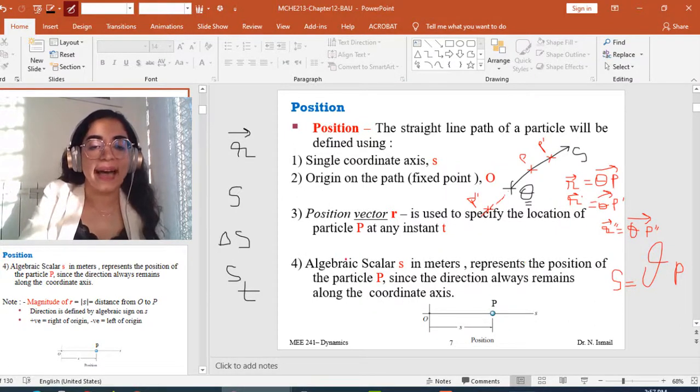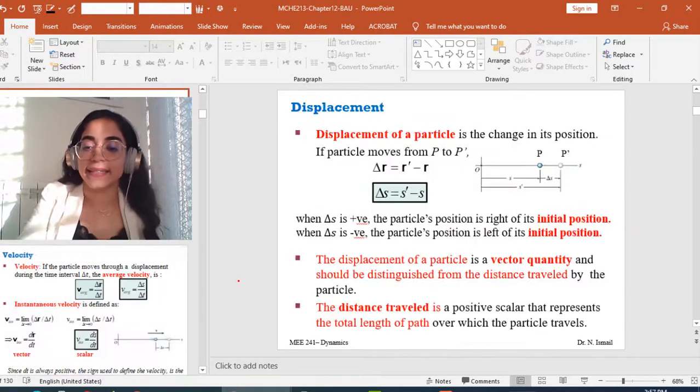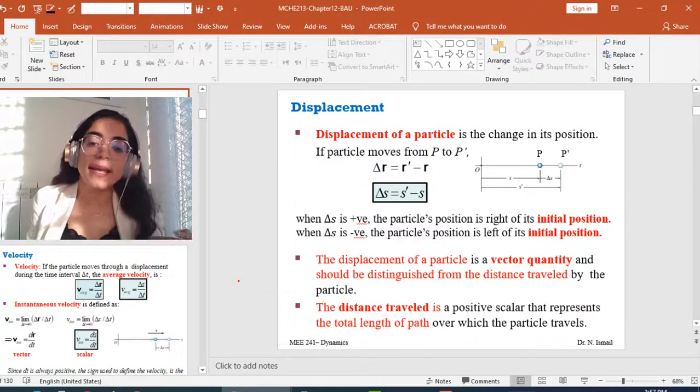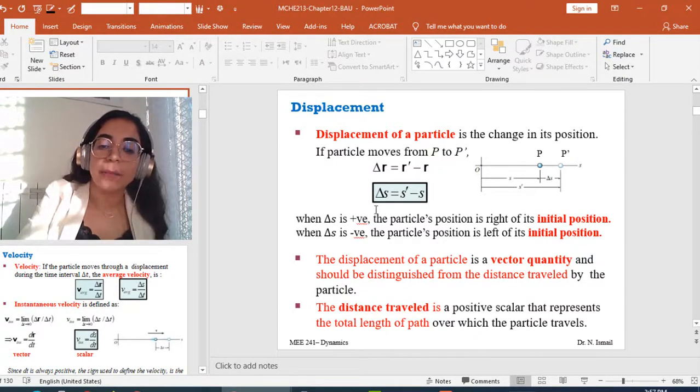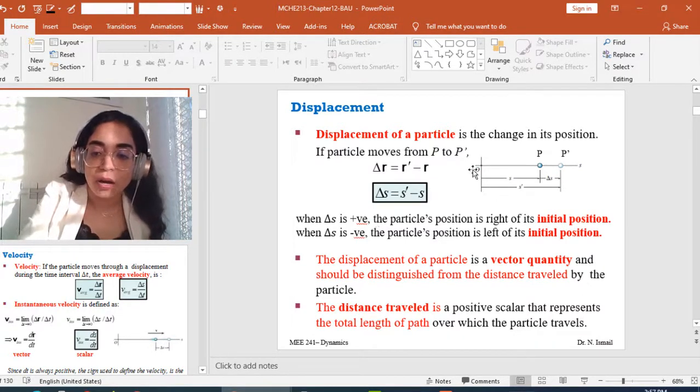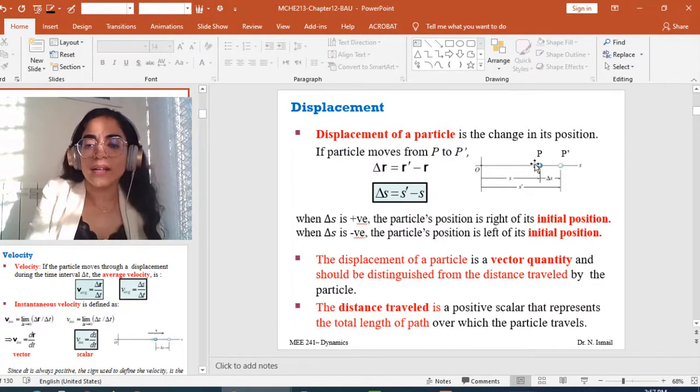Now, what is delta S? Delta S is basically the difference between S prime and S. So it is S prime minus S. And this is called displacement. So this is the displacement, guys. Delta S is S prime minus S. Now what is S prime?